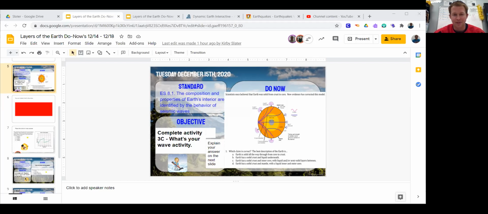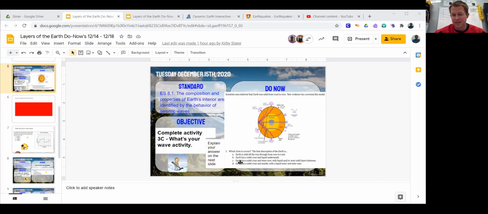Okay, I see a couple B's. Okay, B is actually incorrect. It says Earth has a solid crust and a liquid underneath. Now remember, the mantle is a semi-solid, and then the outer core is a liquid, and then the center is a solid.